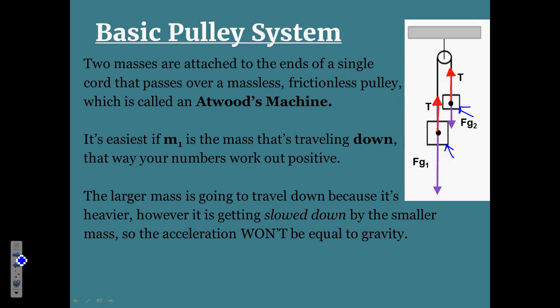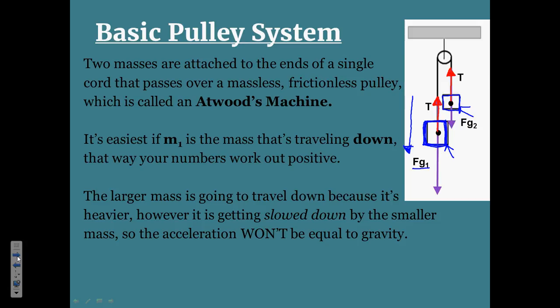The reason why we label this box, which is the heaviest, M1 or Fg1, is because it's traveling down. All our numbers will be positive since this is the greater one. This is the greater box. You can tell by its size that it's bigger.